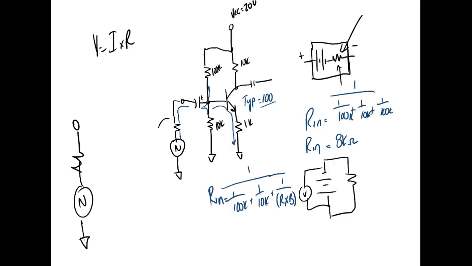Okay. Now if I come over here and bypass that thing, what did we just lose? We lost RE. Okay. So what we got now is Rn equals 1 over 100K plus 1 over 10K plus 1 over beta times Re prime.